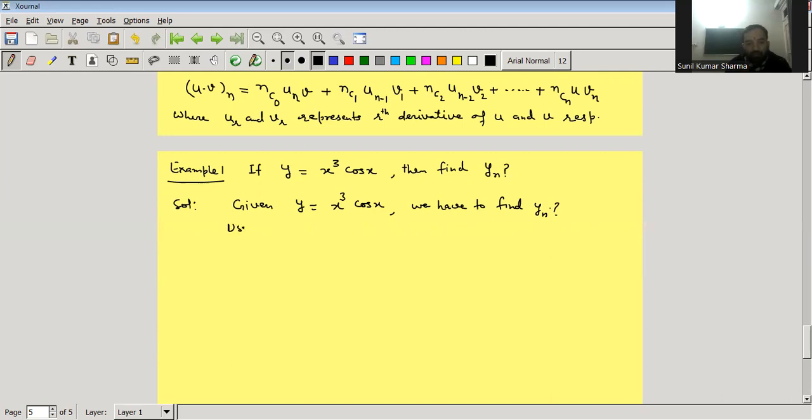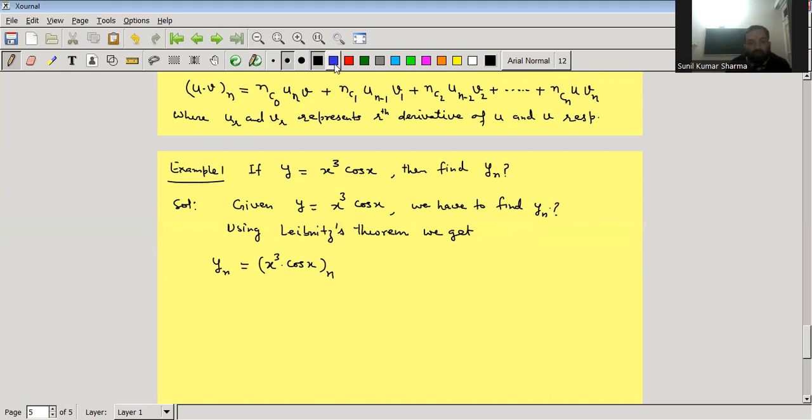Using Leibnitz's theorem, we get yn, which means the nth derivative of x to the power 3 into cos of x.